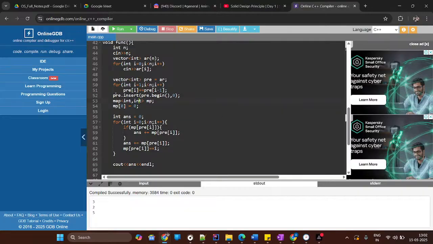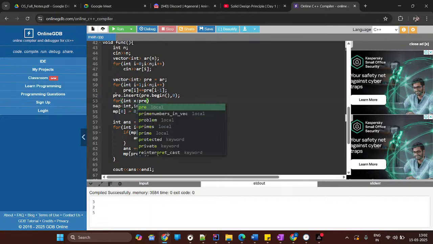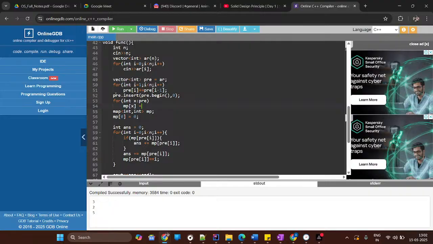Let's make everything in MP as -1 first. For each x in the prefix, MP of x equals to -1. And then MP of 0 equals to 0.